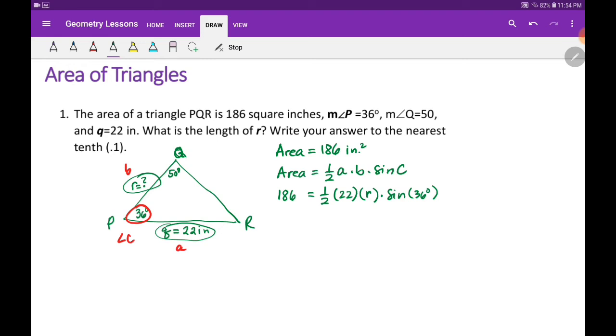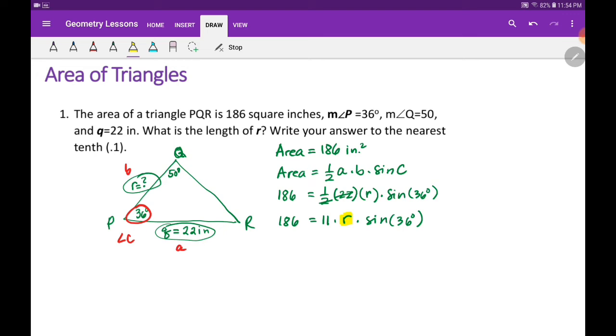Now, let's do some simplification before we use our calculator. So 1/2 of 22 is equal to 11. So you have 186 is equal to 11 times r times sine 36 degrees. Now, since we're solving for r, we want to get rid of anything that is being multiplied by r.